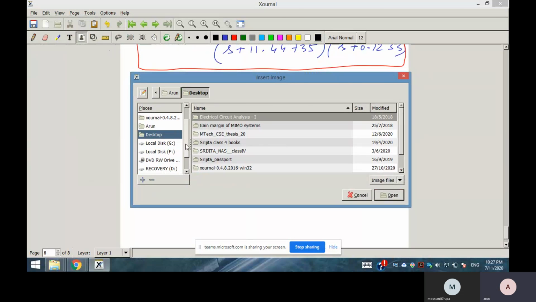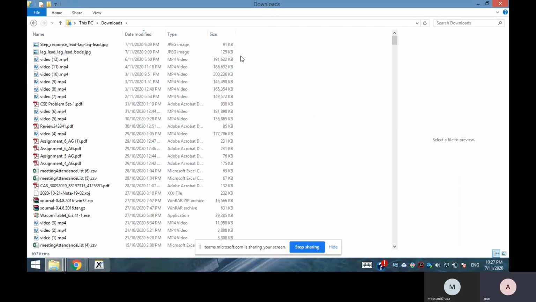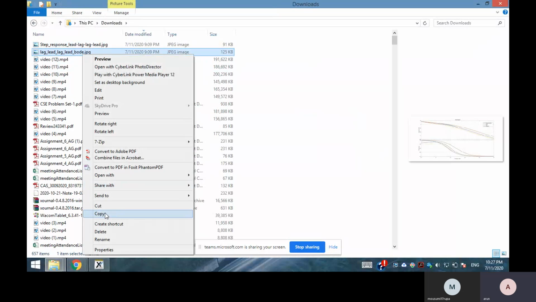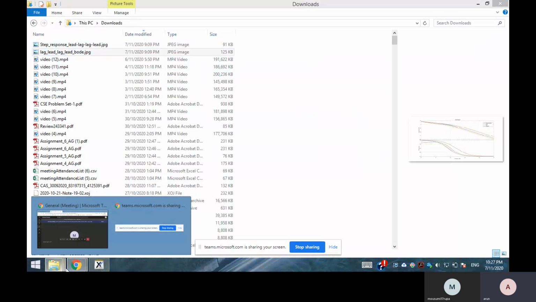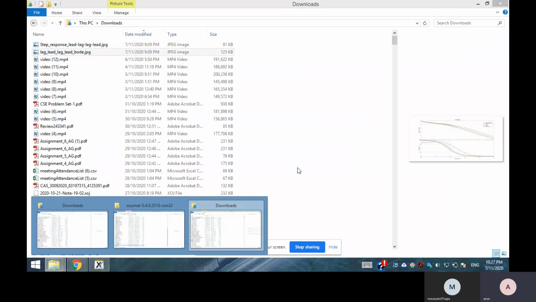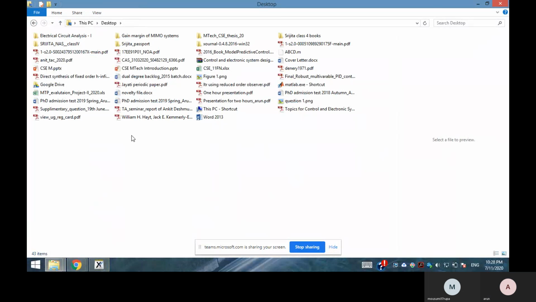Just wait. I'll go to my computer and then downloads. I'll bring these two files. Copy and then I'll paste to desktop. Paste.